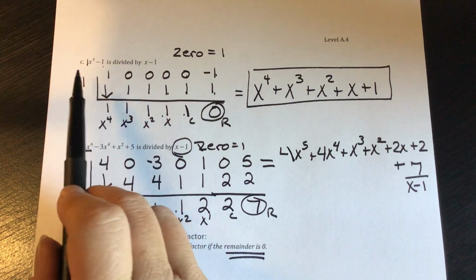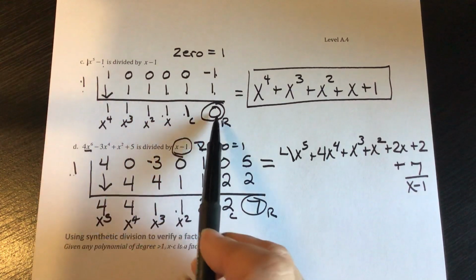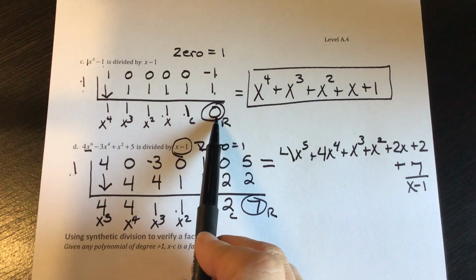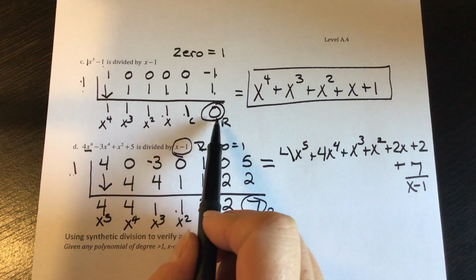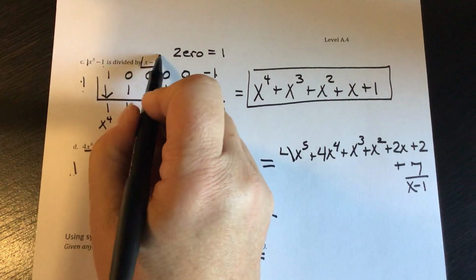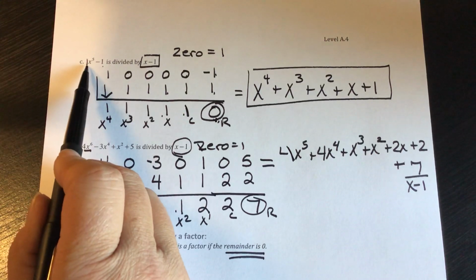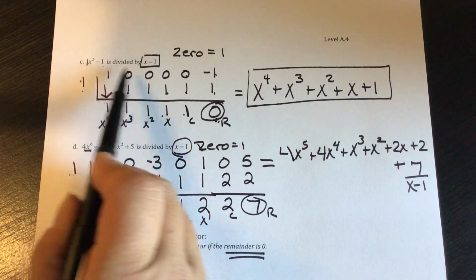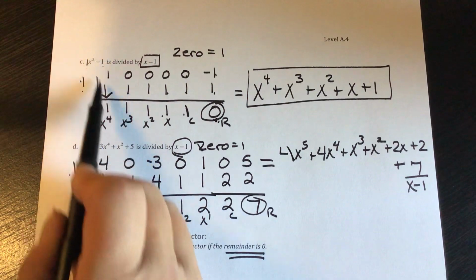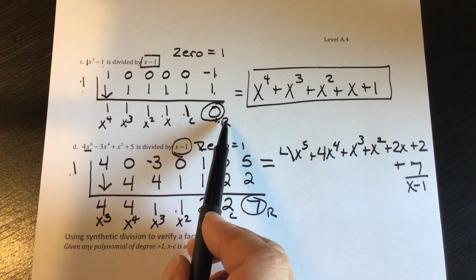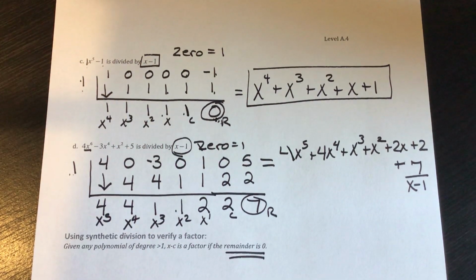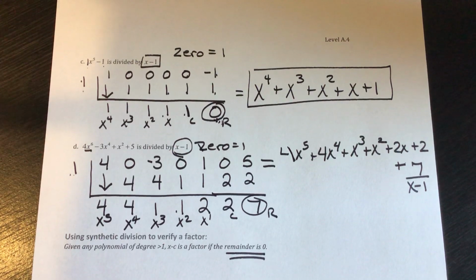So looking back in example C, notice that we got a remainder 0, and because of the remainder 0, I can say that x minus 1 is a factor of x to the 5th minus 1 because I divided this in and got remainder 0. So that's one thing that we can use synthetic division for, to verify if one number is a factor of another.